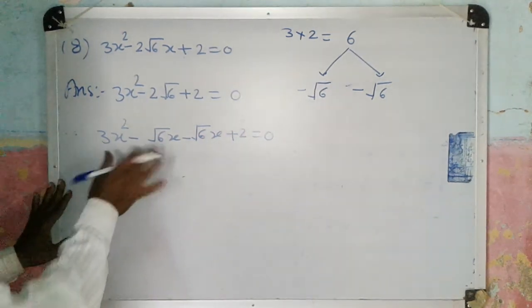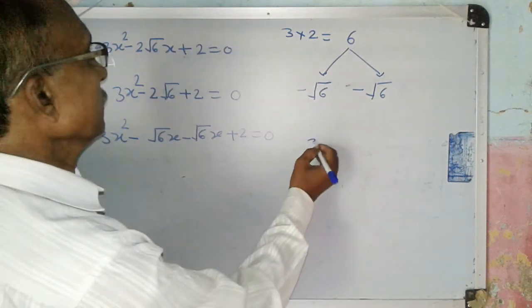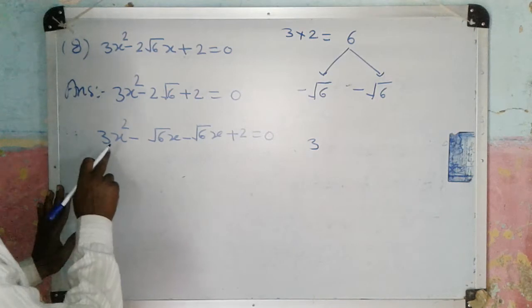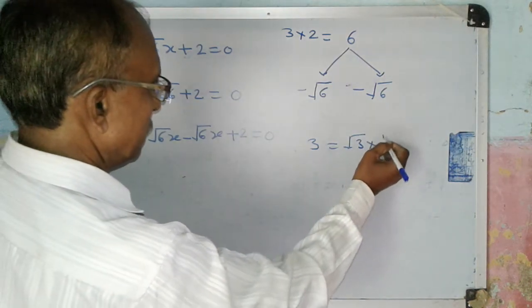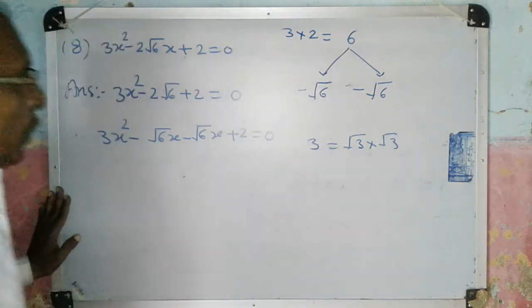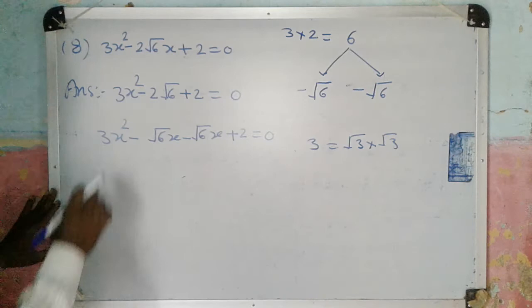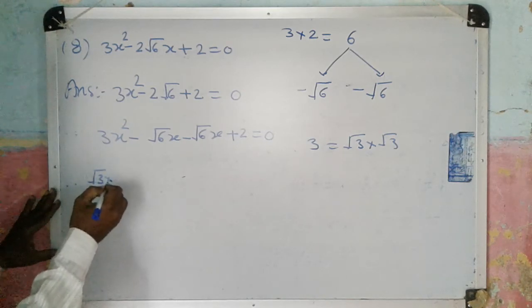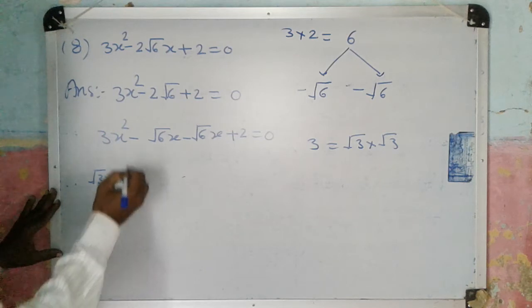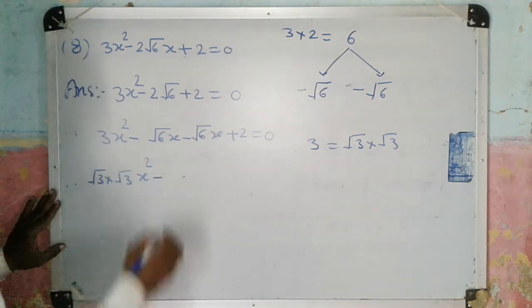Now see here. So the factors of 3 are root 3 into root 3. So we will write this as root 3 multiplied by root 3 into x square, minus.